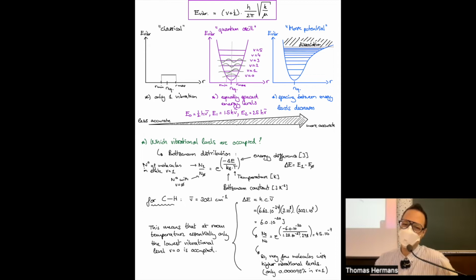You have different vibrational levels, right? So I have here this ground state, let's say, this is the lowest vibrational state, which is the same as the classical one, but I can have higher frequencies as well. And so here you see a kind of drawing of the wave function, right? So the wave function, the ground state is a single vibration, but you can have overtones, right?